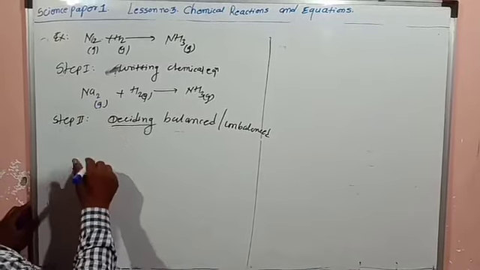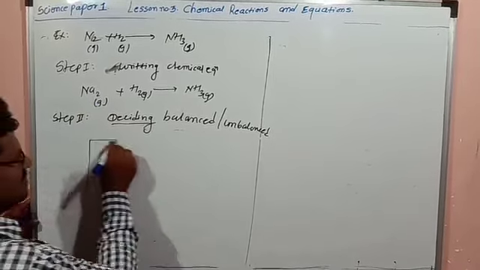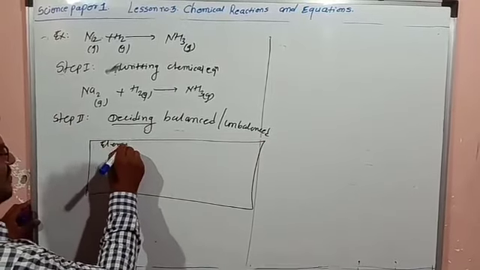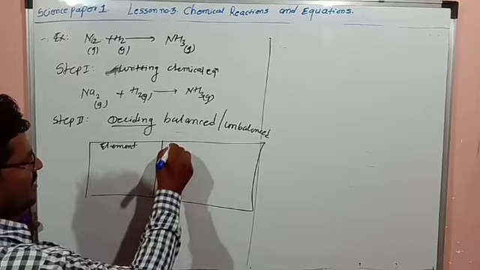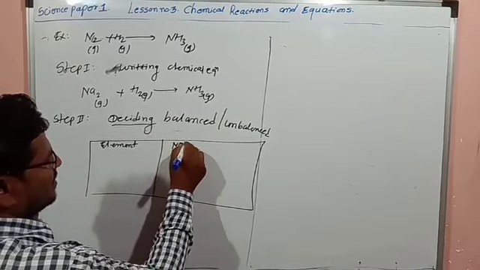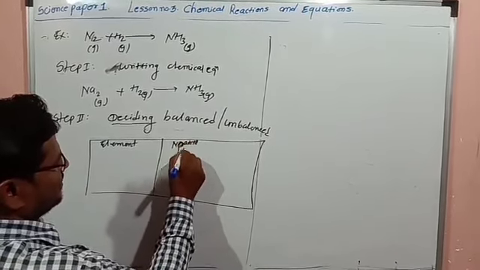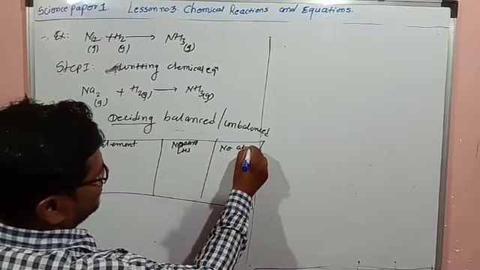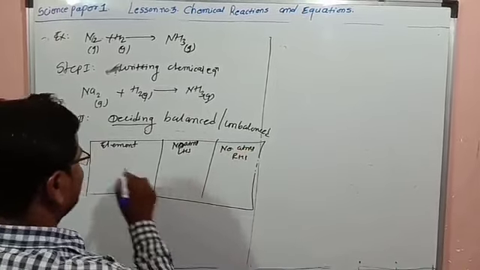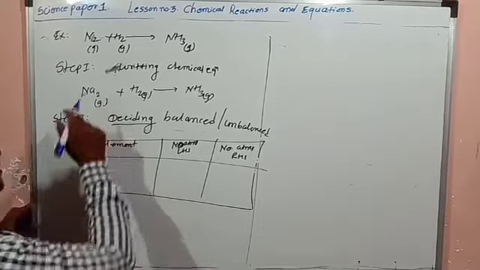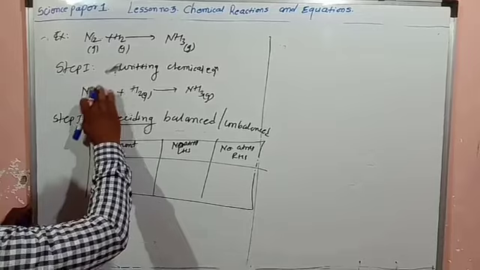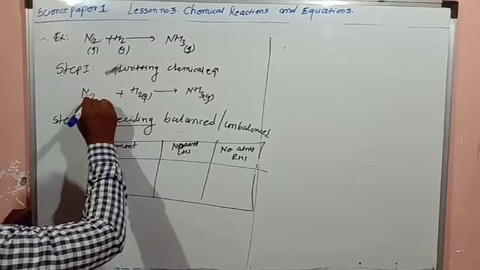This chemical equation you are going to check. How will you decide? In that, element, number of atoms to LHS, number of atoms to RHS. Which atoms are there?